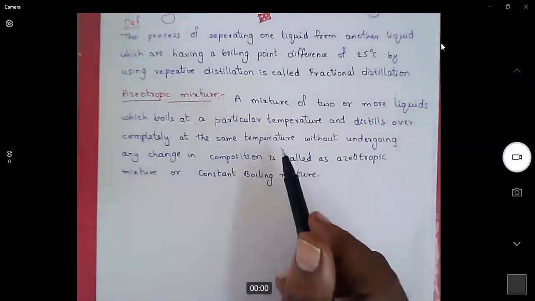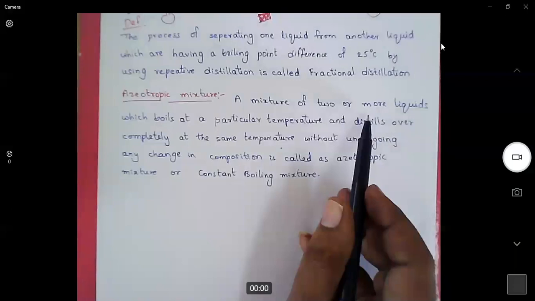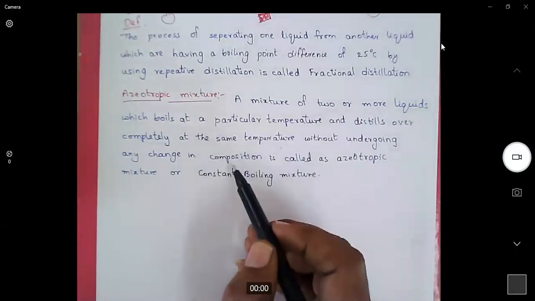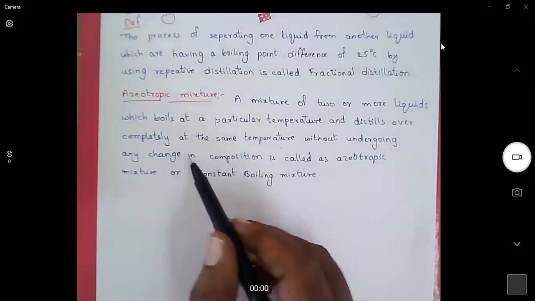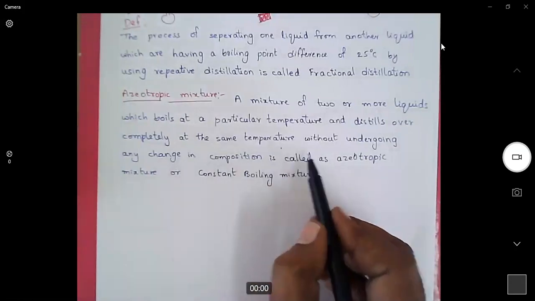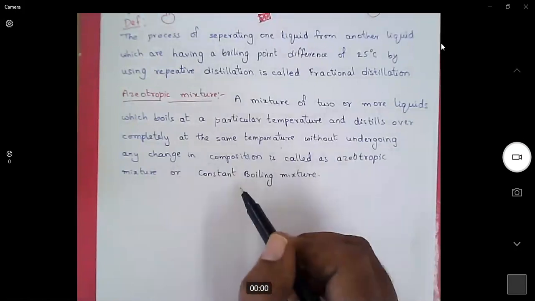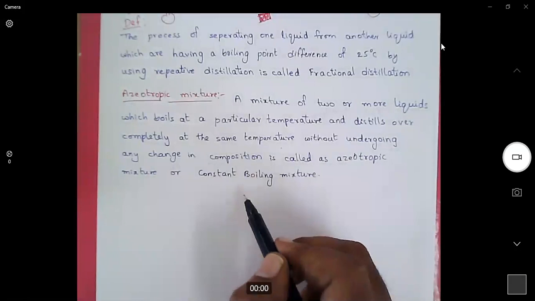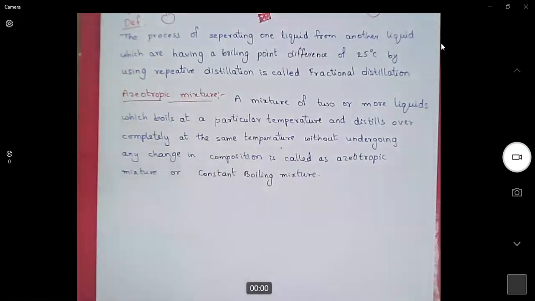Azeotropic mixture. A mixture of two or more liquids which boils at a particular temperature and distills over completely at the same temperature without undergoing any change in composition is called an azeotropic mixture or constant boiling mixture. What is an azeotropic mixture?